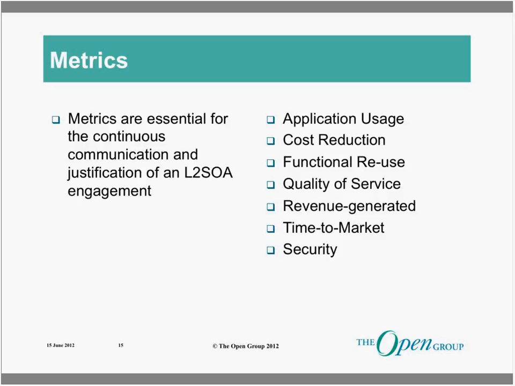The metrics also help in terms of application usage. If you baseline those before the transformation and compare with after the transformation, it is a way to provide the justification of the legacy to SOA engagement.